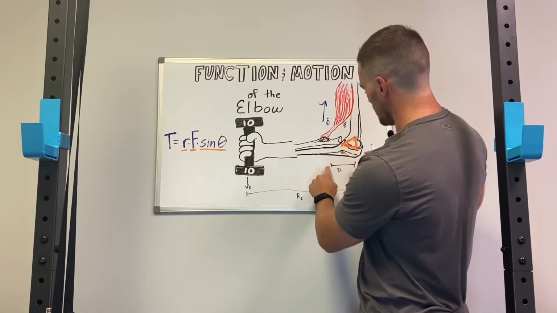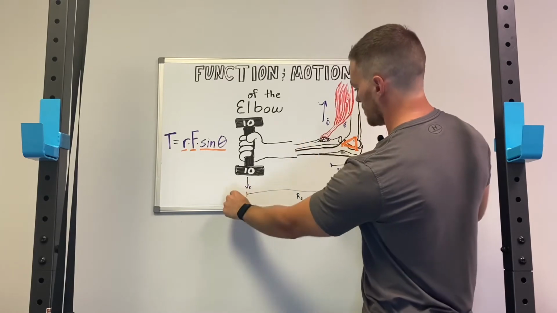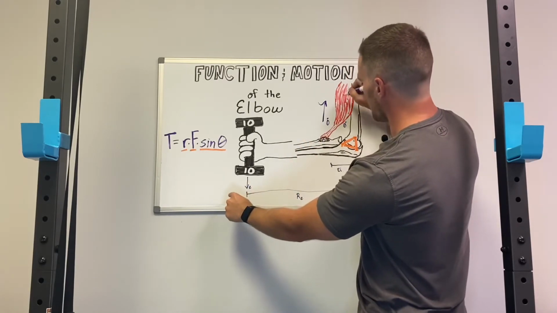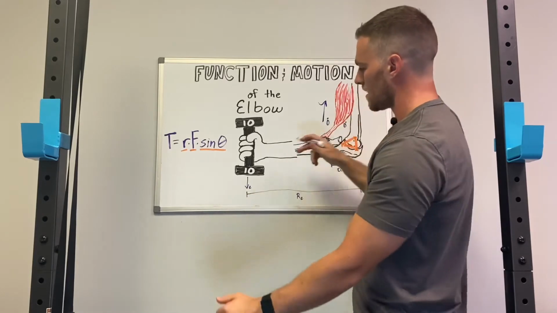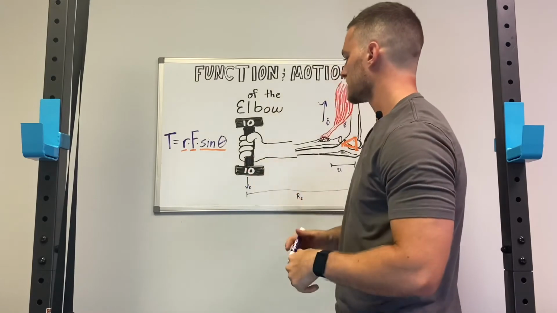Due to the difference in size of these radiuses, from here to here, it takes a lot more than 10 pounds of force from the bicep to overcome that long lever arm. So that's an important concept to understand.